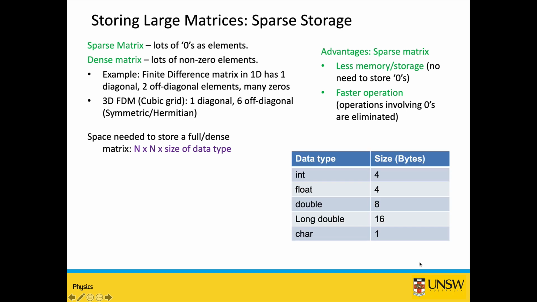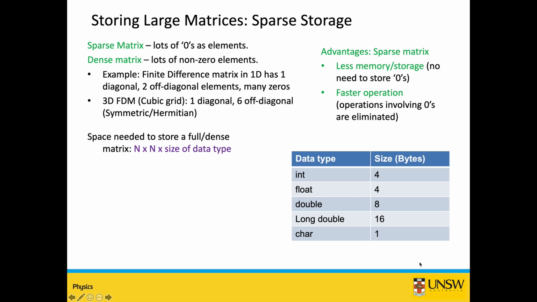You already know that you can have integers, floating point numbers, or double variables, and they take up different amounts of space to be stored. An integer takes about 4 bytes, a floating point number also takes 4 bytes, but a double representation takes about 8 bytes.